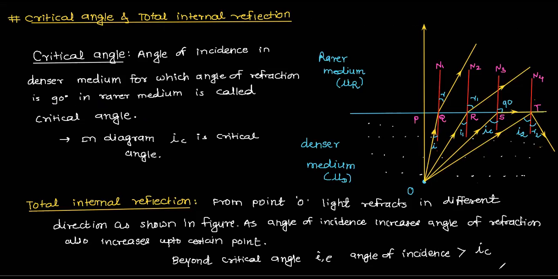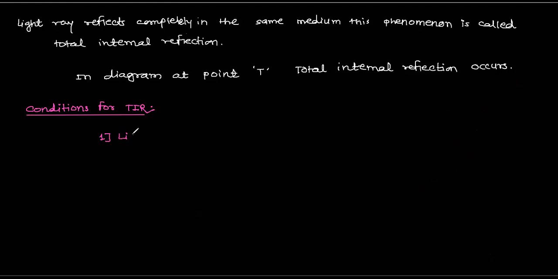Okay, means light should always be from denser to rarer medium.